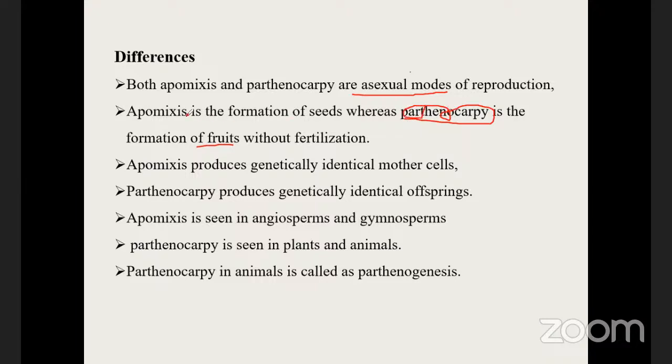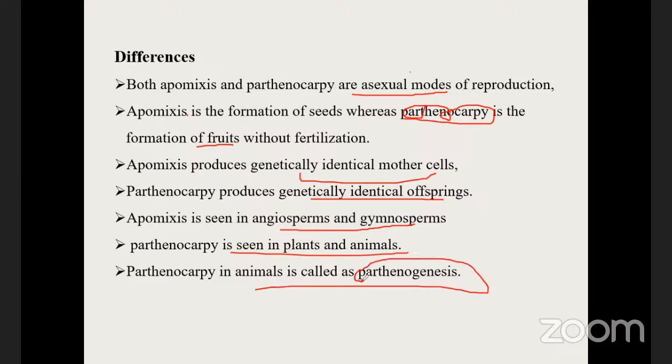Apomixis, without the fusion, is seed formation, embryo formation. Apomixis produces genetically identical offspring. Parthenocarpy also produces genetically identical offspring, next generations. Apomixis is seen in angiosperms and gymnosperms, and parthenocarpy is seen in plants and animals also. Parthenocarpy in animals is called parthenogenesis. Okay.